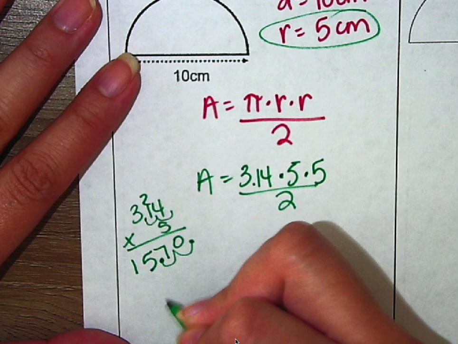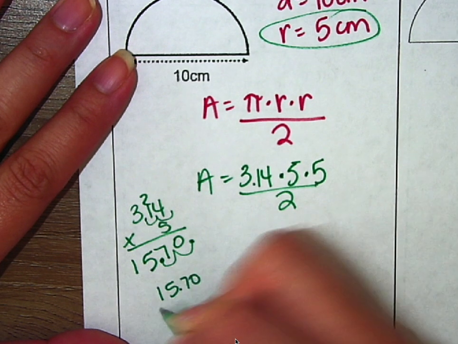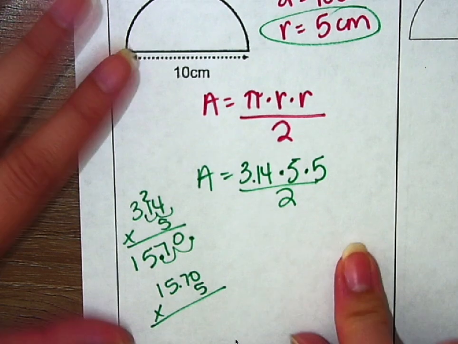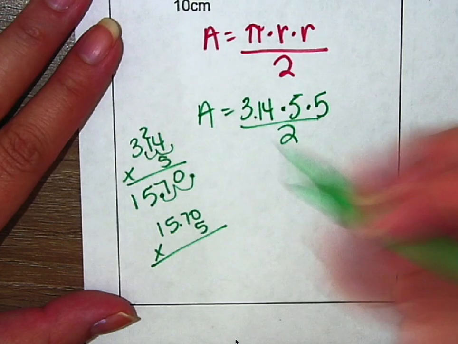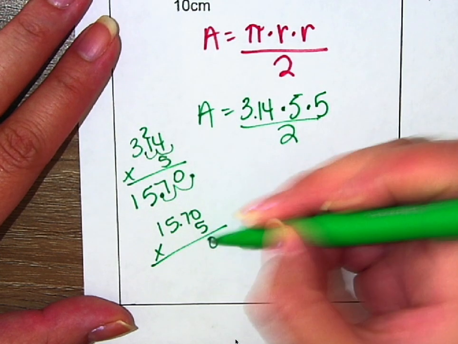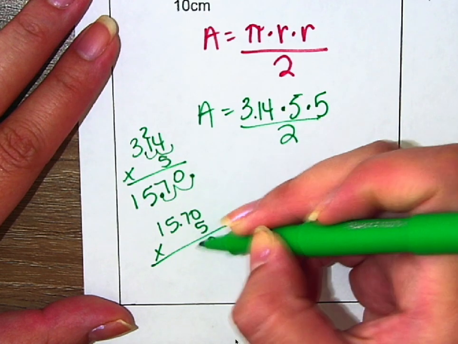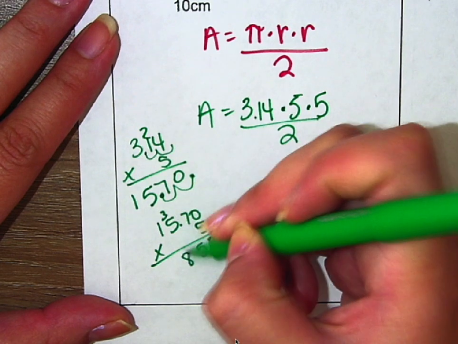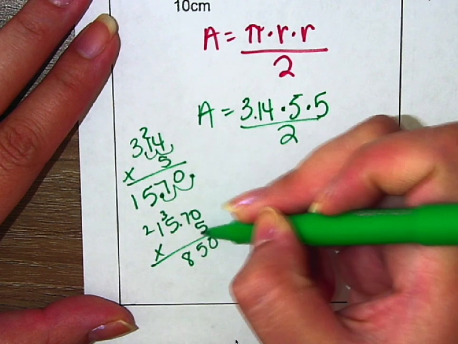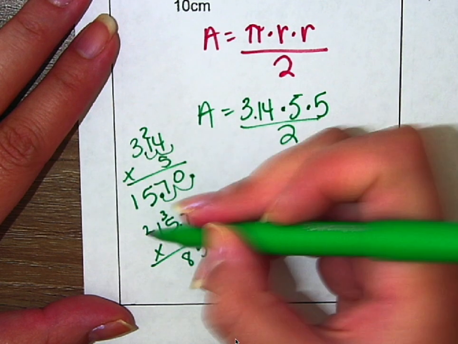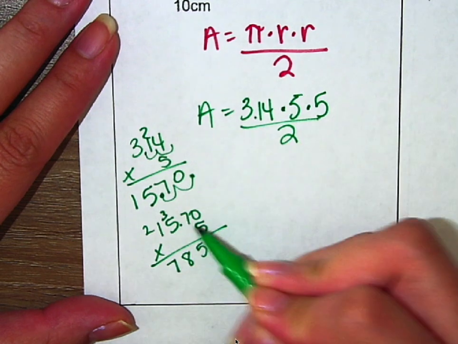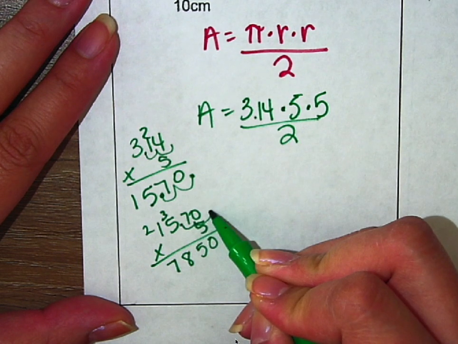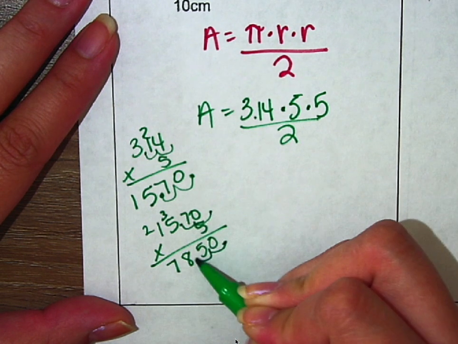So I'm going to multiply 15.7 times 5. 5 times 0 is 0. 5 times 7 is 35. 5 times 5 is 25, plus 3 is 28. And 5 times 1 is 5, plus 2 is 7. So I got two numbers behind the decimal, so I'm going to add that decimal right here.